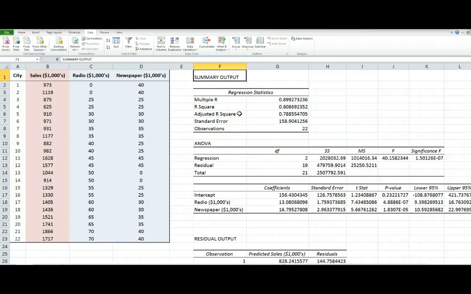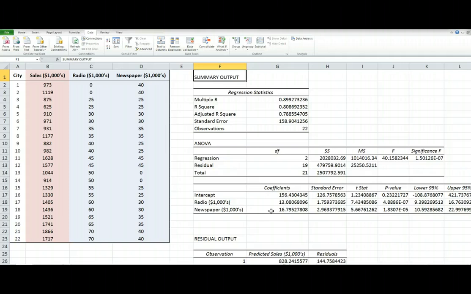Whenever we compare models with differing numbers of independent variables, we always use the adjusted R squared rather than the R squared. For the estimated regression equation, here is the B0, the B1, and the B2.